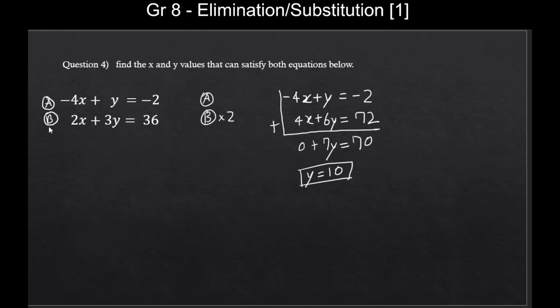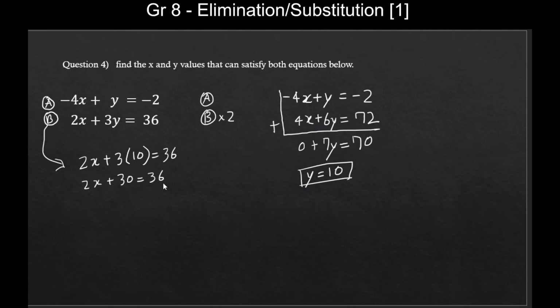Now, let's use this one. I'll choose this one. You can choose the other one if you want. 2x plus 3 times 10 is equal to 36 because our y value is 10 at the moment, which means 2x plus 30 is equal to 36.